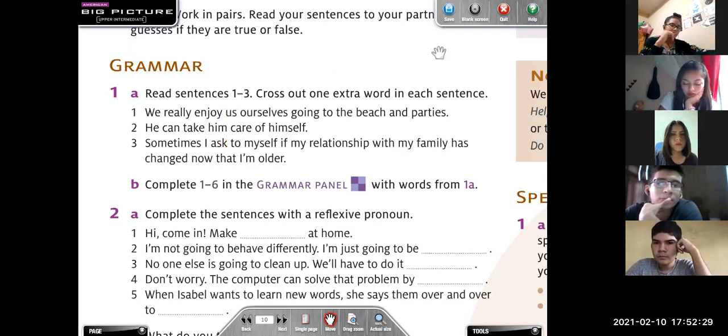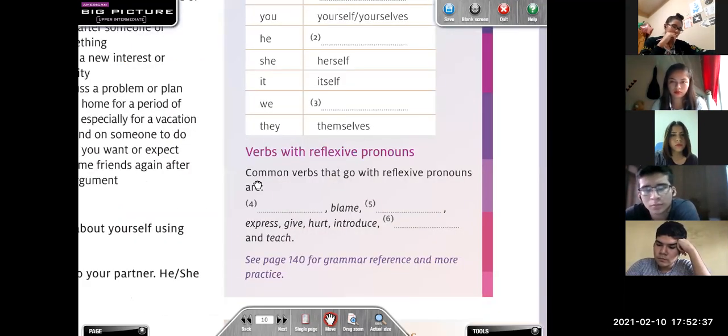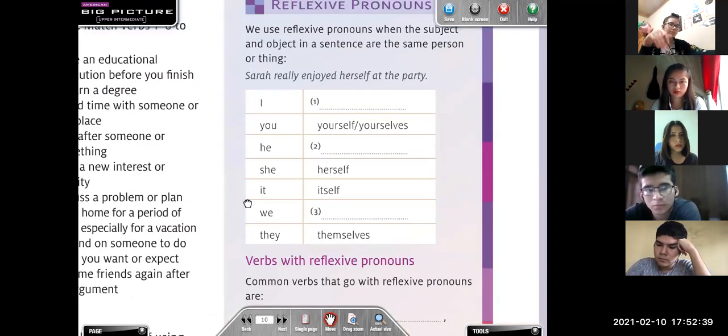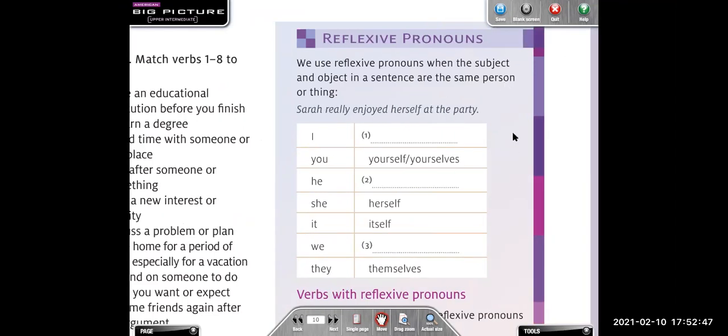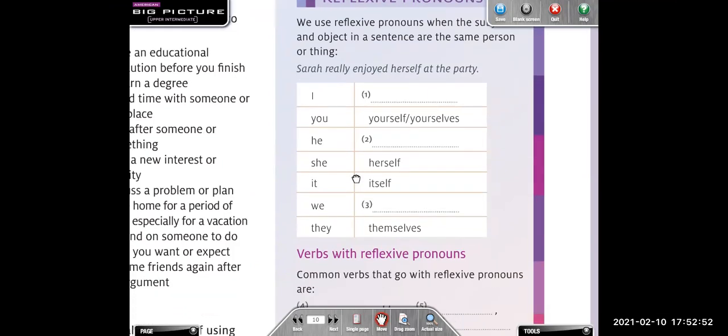So let's try to complete the grammar panel with these sentences that we have here, okay? Let's see here. We use reflexive pronouns when the subject and the object in a sentence are the same person or thing, okay? For example, Sarah really enjoyed herself at the party.